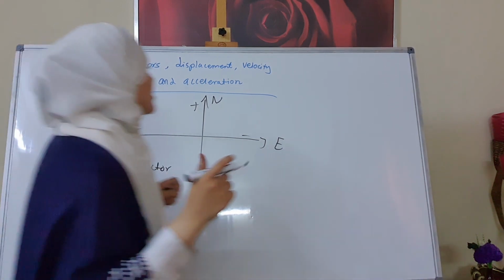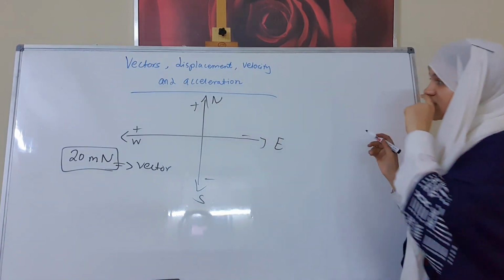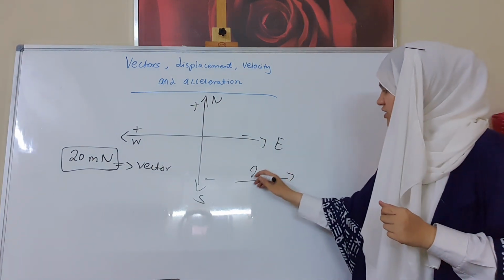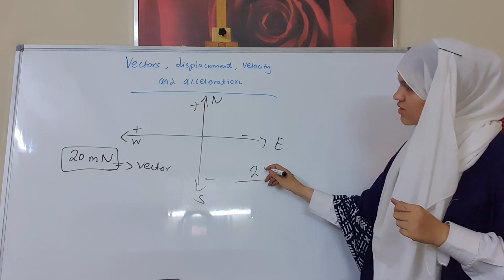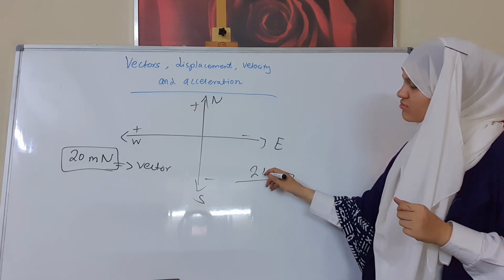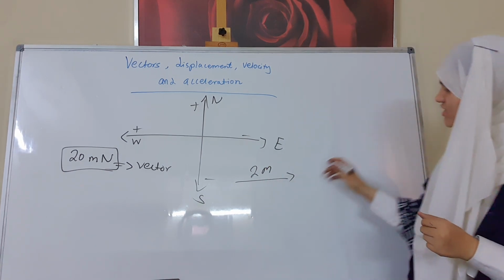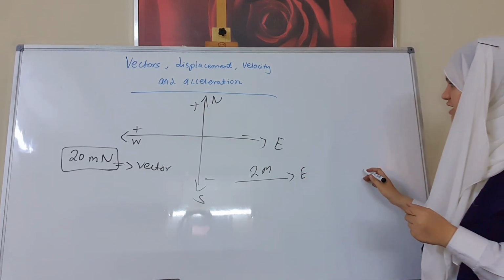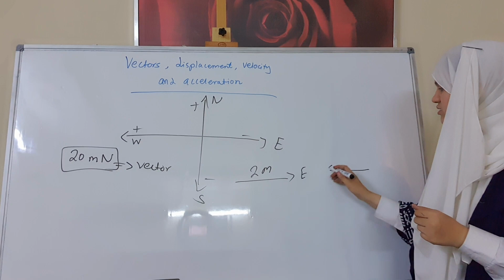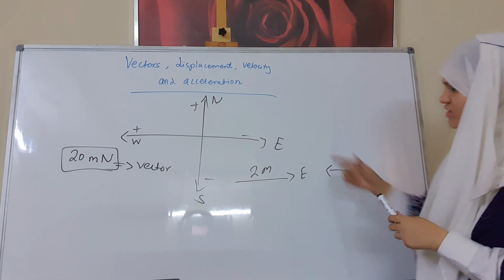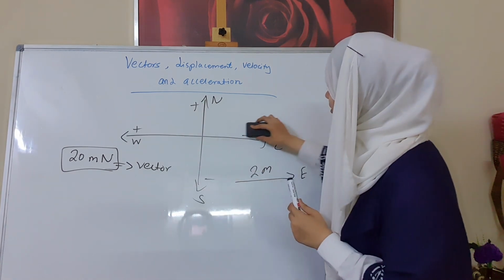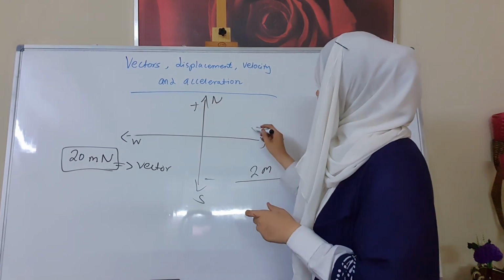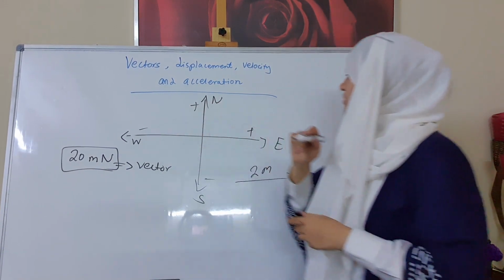But what about addition and subtraction of vectors? For example, if we have 2 meter going this side, that means east, right? And another going this side, here positive and here negative.